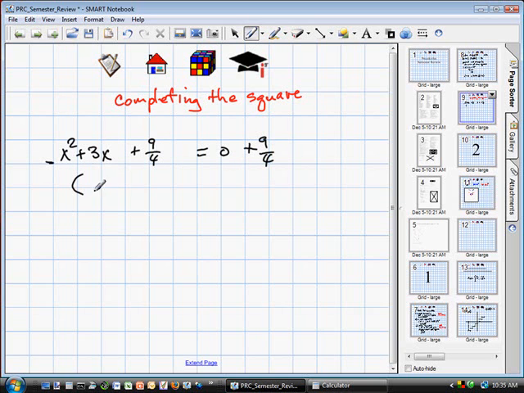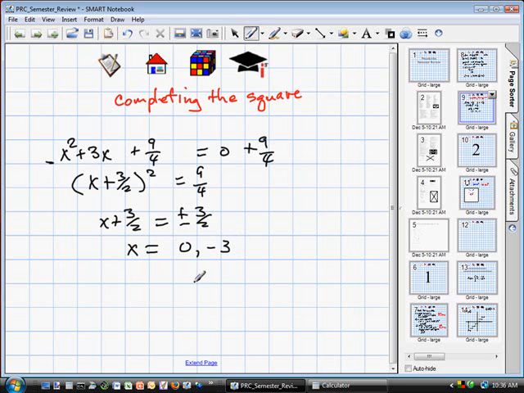So now you can write this as (x plus 3/2) squared. Once you're there, it's pretty easy because you can take both square roots, and then you can subtract 3/2 from both sides. Anybody have a question about that particular one?